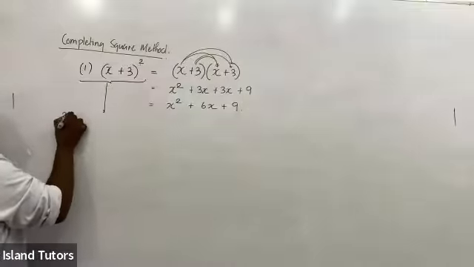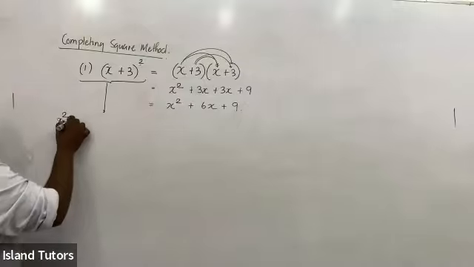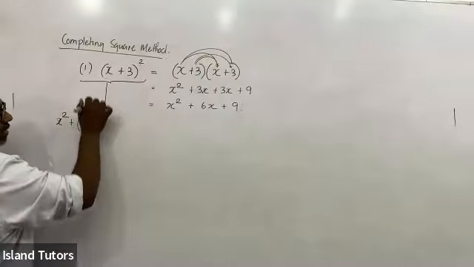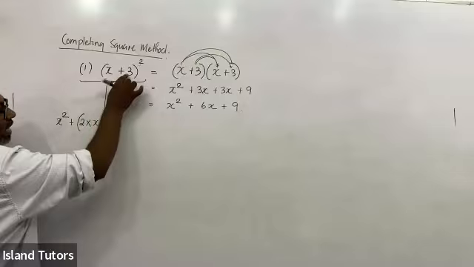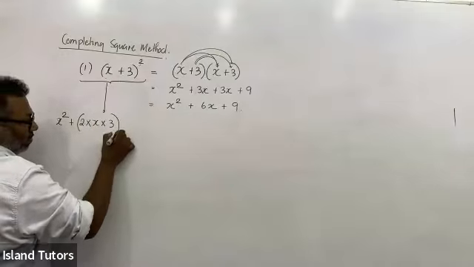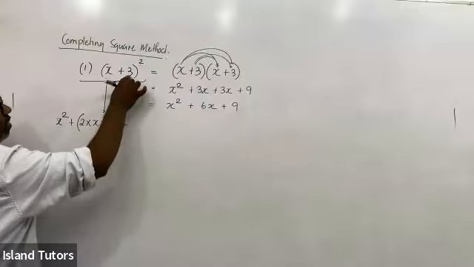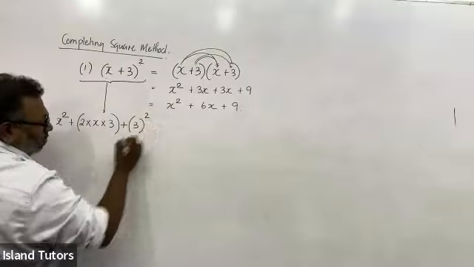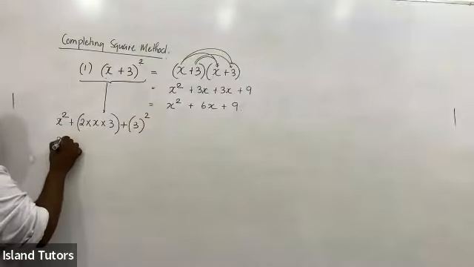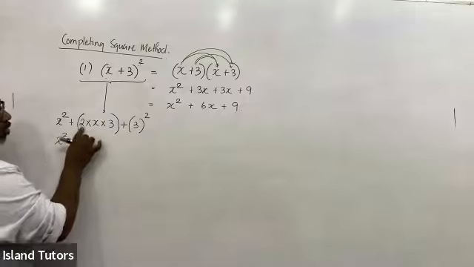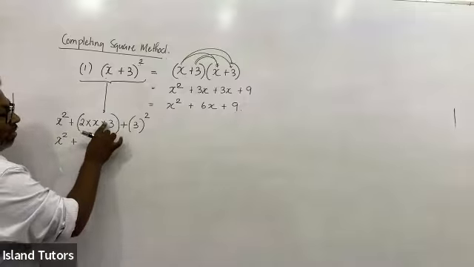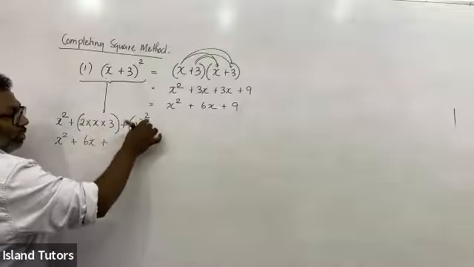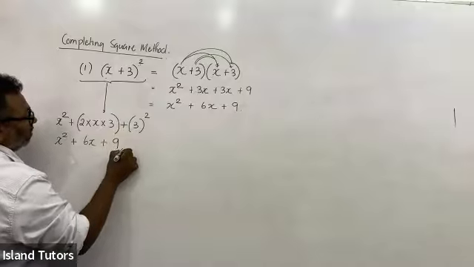So x squared plus 2 times your first term into your second term plus your second term square. Okay, so x squared plus 2 into x is 2x, into 3 is 6x, 3 squared is 9.